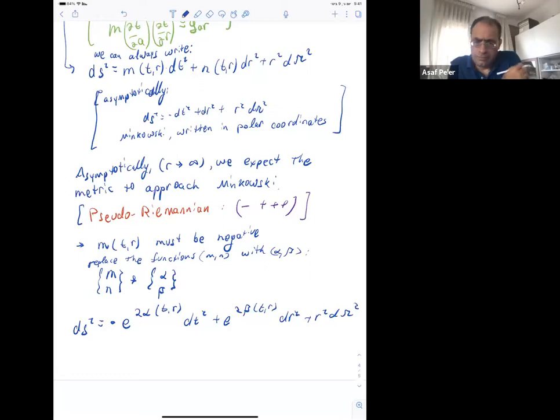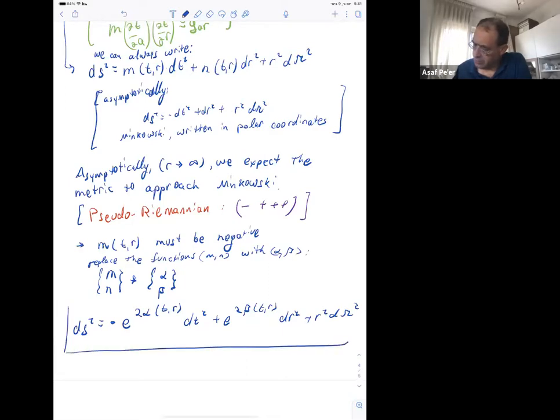And I wanted it, far enough from the source of gravitation, to approach a Minkowski metric. Okay, so this is as far as we can go without too much dirtying of our hands, just by using general arguments.